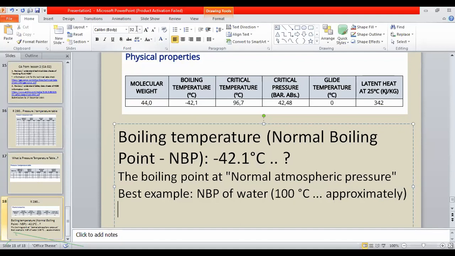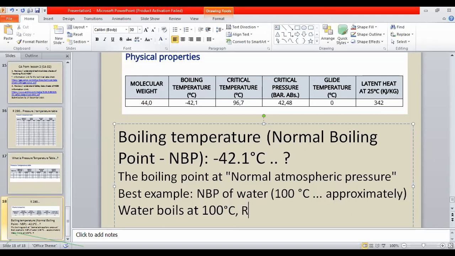So water boils at 100 degrees Celsius under normal atmospheric pressure.